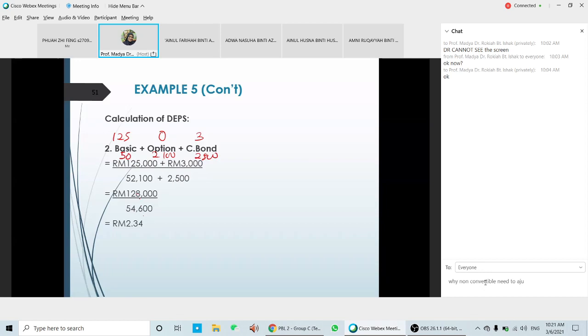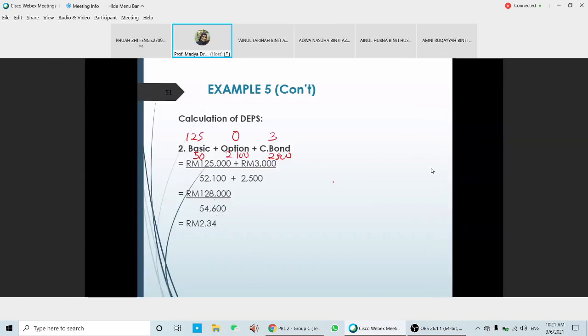The earnings become 128. So 128 divided by 54,600, now it becomes 2 ringgit and 34. So basic is 2 ringgit and 50, basic and options is 2 ringgit and 40, and basic plus options plus convertible bonds becomes 2 ringgit and 34. That one keeps on reducing.